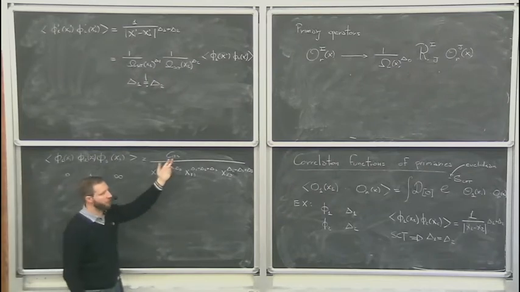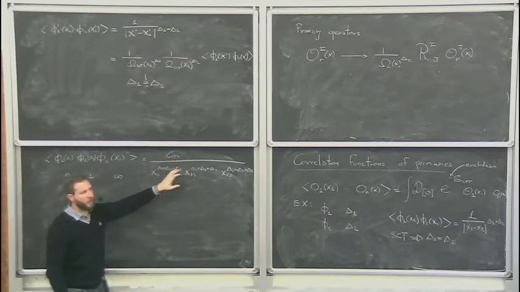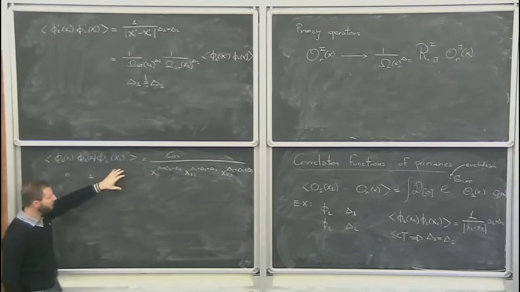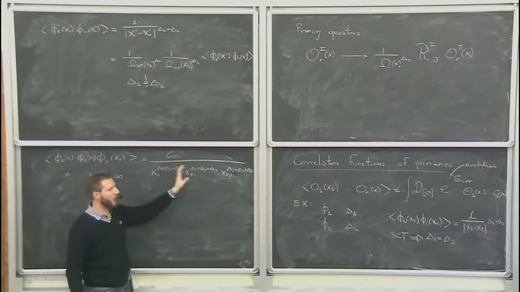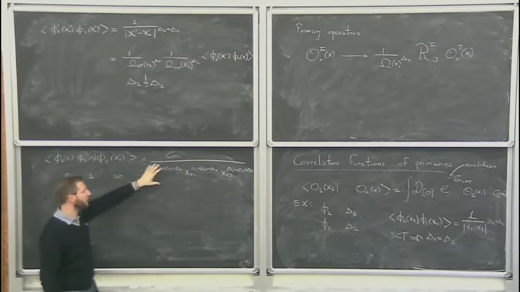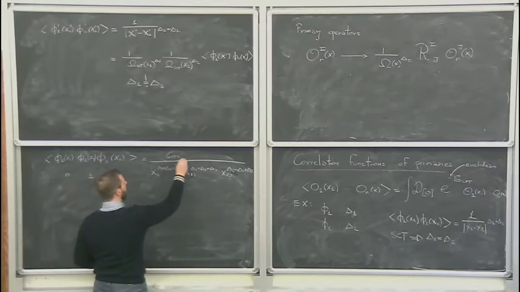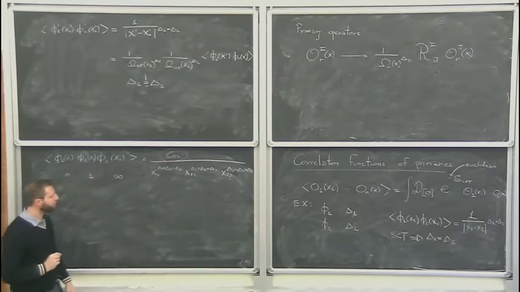So it can only be a constant. So this is to say that the three-point functions are completely fixed by the symmetry. They're fixed by the kinematics. They don't contain any dynamical information except for the coefficient in front.